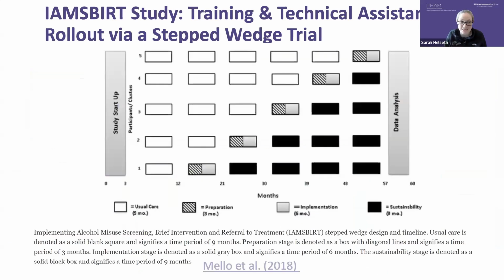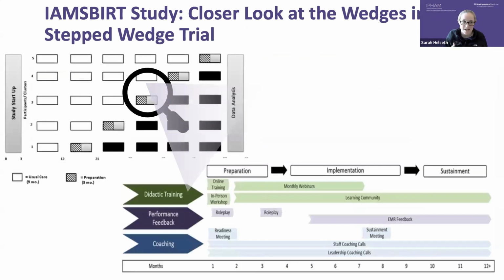So IMSPERT was a rolled out stepped wedge trial. Each cluster, which is essentially each row, onboarded to preparation and implementation. As each site rolled on to implementation, a new cluster rolled onto implementation, and the next one rolled into the sustainability phase.